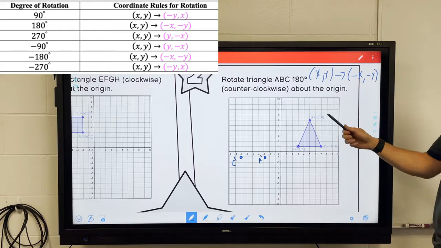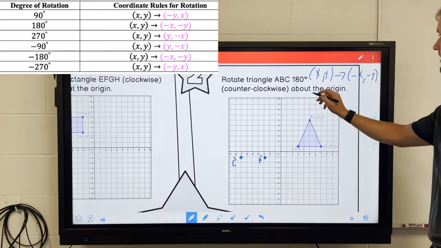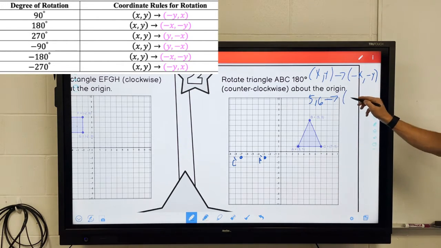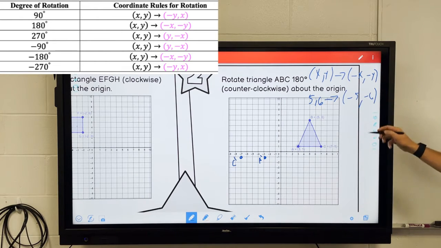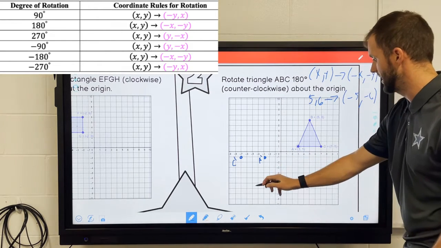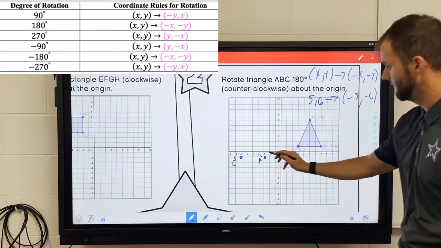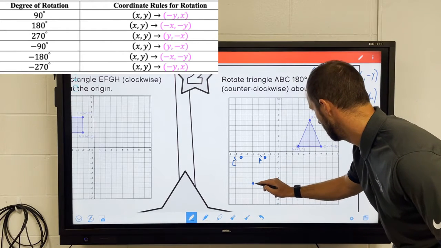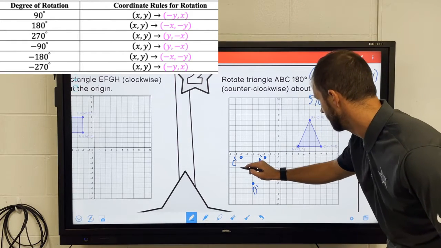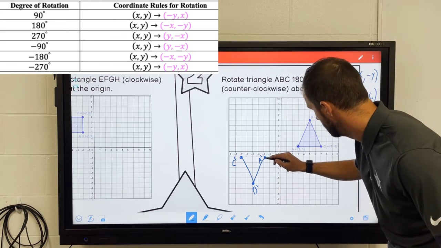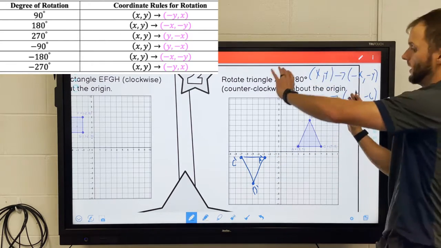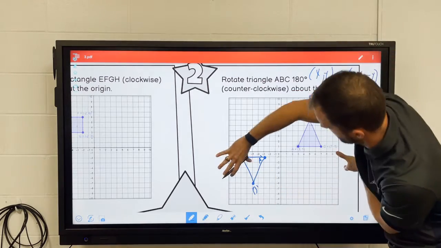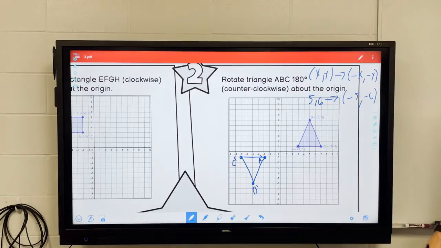So right now, if I look at 180 degrees, my coordinate here is going to be 5, 6, right? So I'm literally just changing that to negative 5, negative 6. So I'm going to the left 5 and down 6, which is going to end up being my B prime here. So then if I connect my triangle here, you can see I did a 180 degree rotation. I took that whole thing and I rotated it 180 degrees down into that corner, okay?